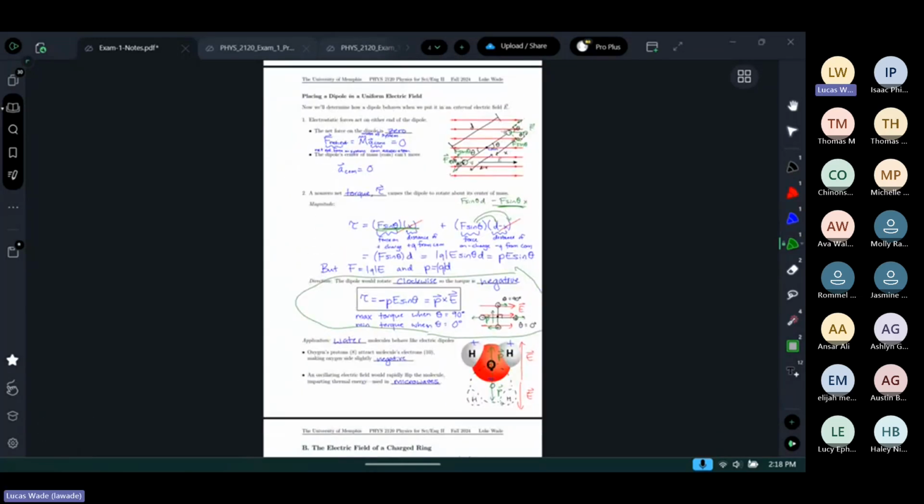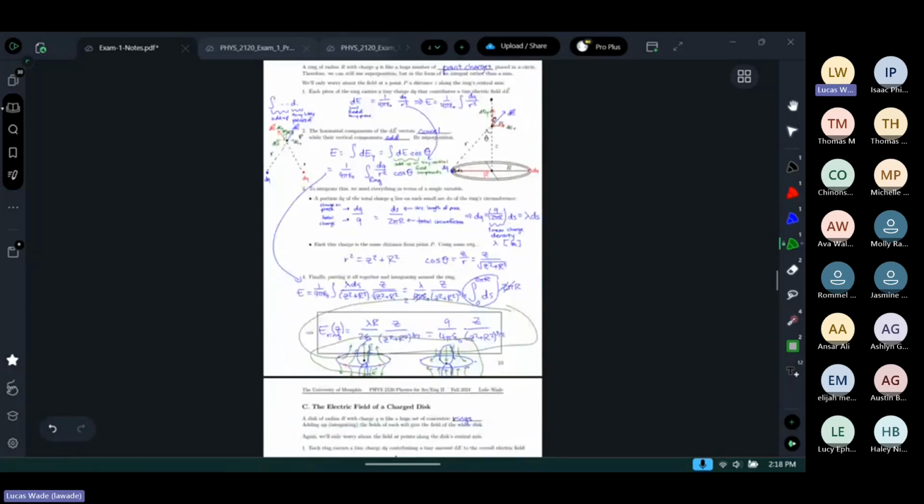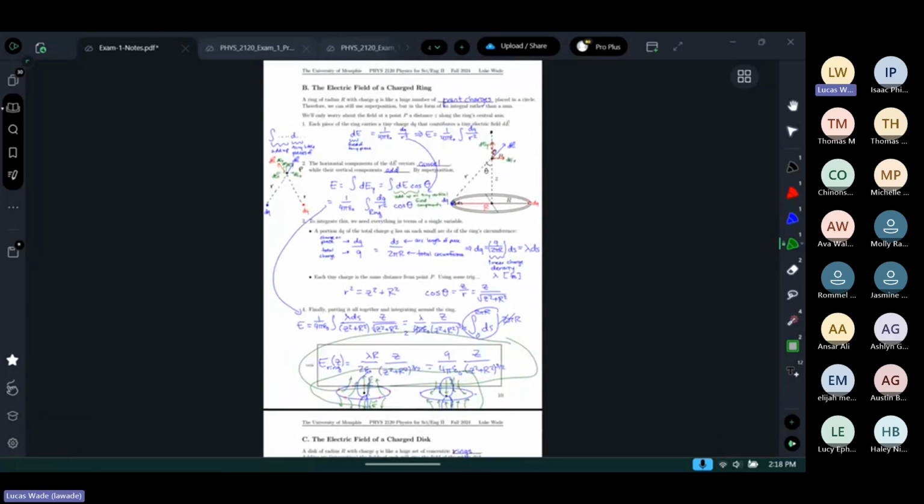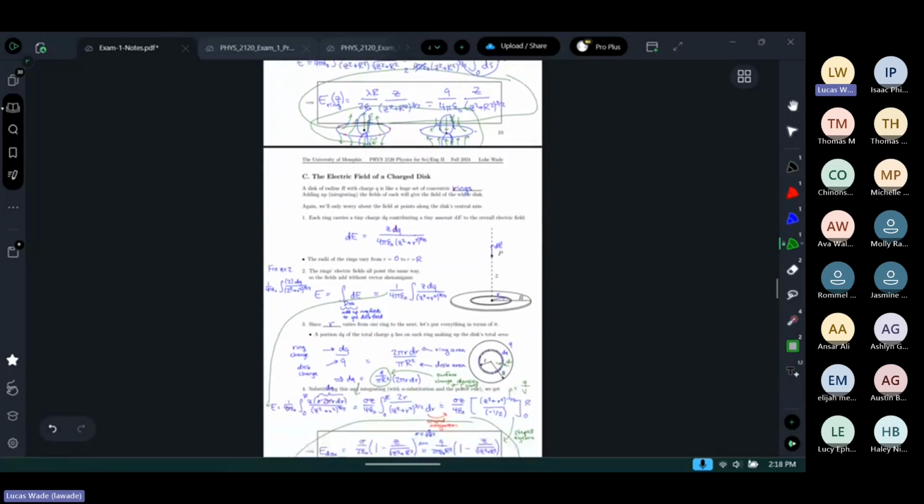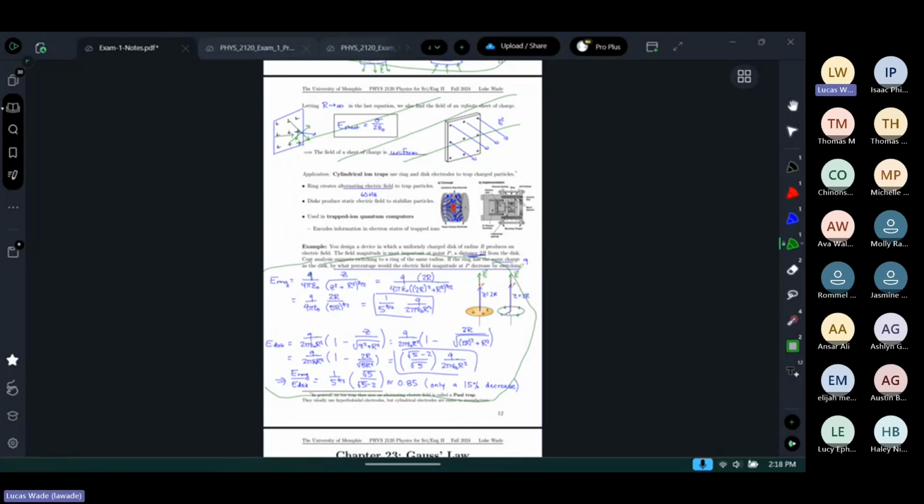Can you figure out which way a dipole will rotate in an electric field and how strong that torque will be on it? And then can you apply these equations for the electric field of a ring and or a disk? Any questions on that chapter?